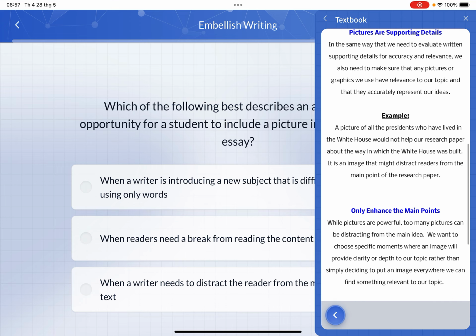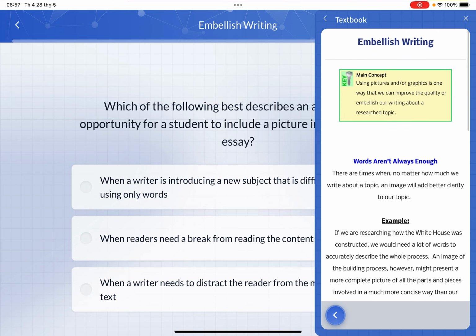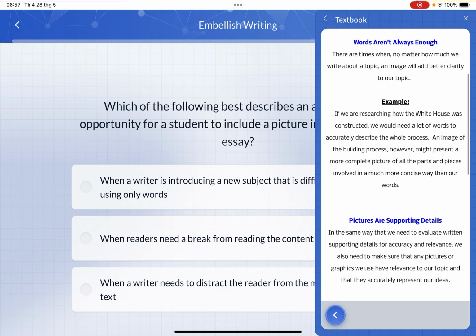So remember, when we are writing something and we feel that we can improve the quality of our writing, or just want to give our point better to our audience, we can use pictures or graphics because words aren't always enough.